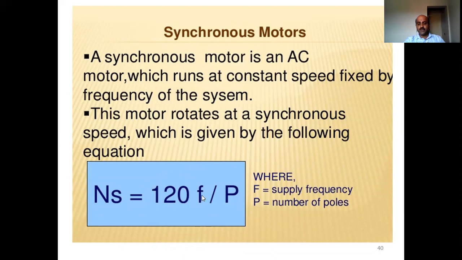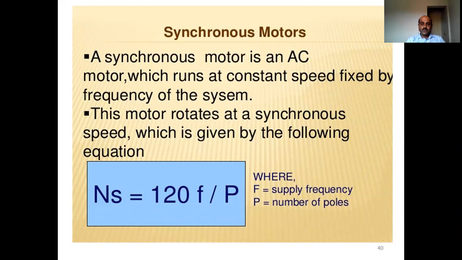Basically, it depends on the frequency at which you are providing the electric current. This is very important. This type of motor will rotate at a constant speed fixed by the frequency of the system, and it maintains the speed at a constant level.